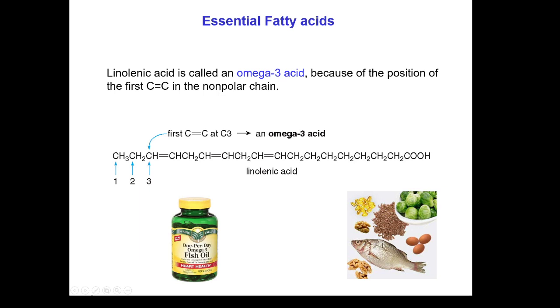The source of omega-3s is fish, but if you don't want to eat fish, there's Brussels sprouts, sunflower seeds, different types of seeds, walnuts, eggs. If you want to go strictly vegan, no eggs, no fish, you've still got your walnuts, sunflower seeds, and Brussels sprouts.